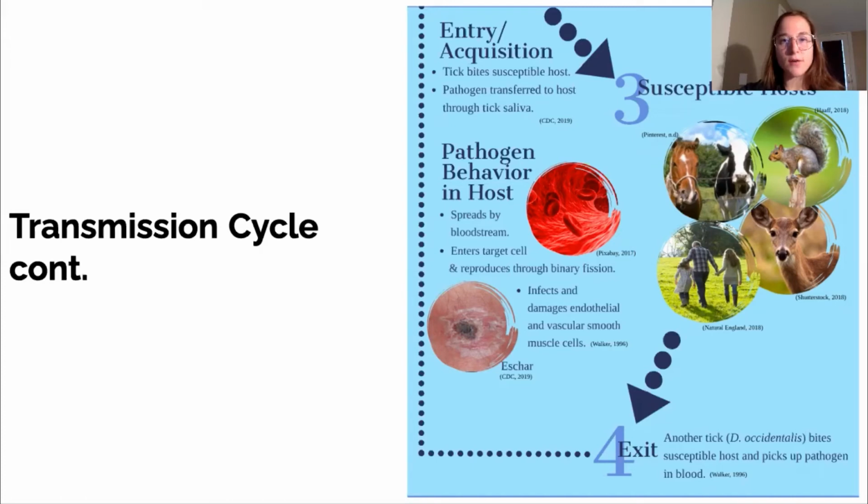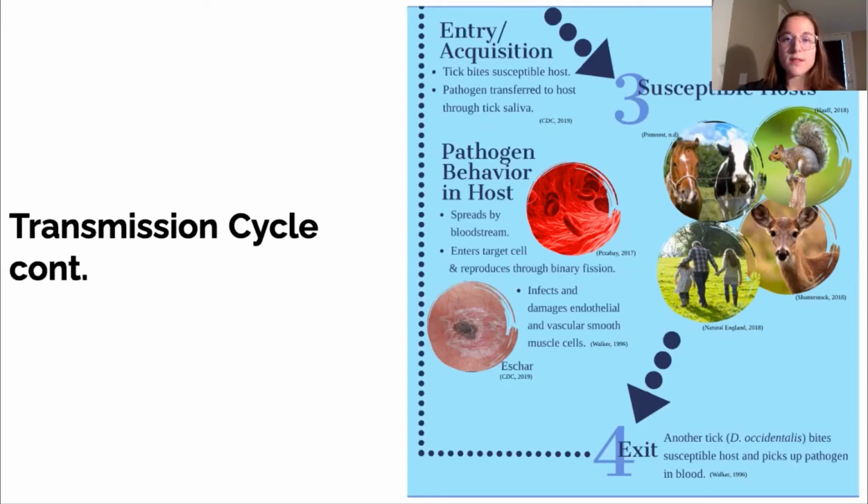Once inside the host, the bacteria spreads throughout the body and the bloodstream. It mainly targets endothelial tissue and sometimes vascular smooth muscle cells. It enters target cells and reproduces asexually through binary fission. It does this in the cytosol of the target cells. This will ultimately make more of the pathogen and destroy the target cell.